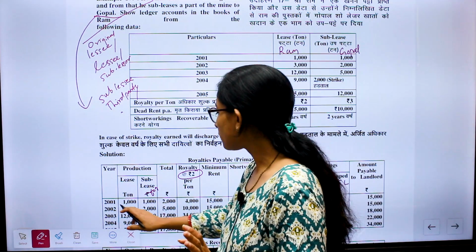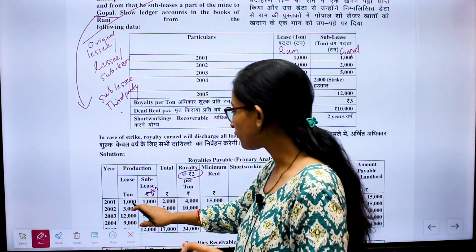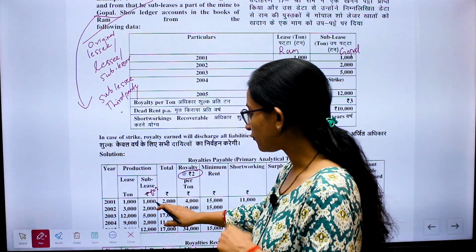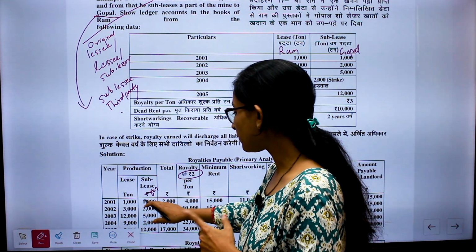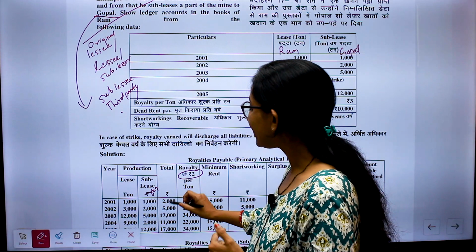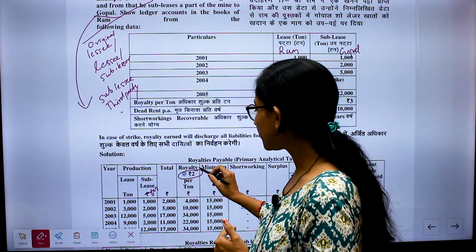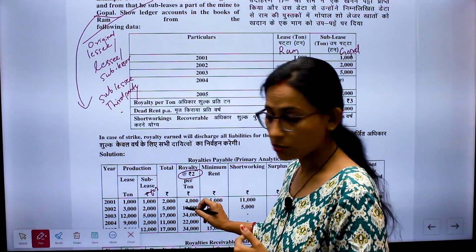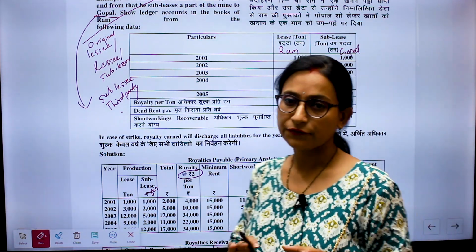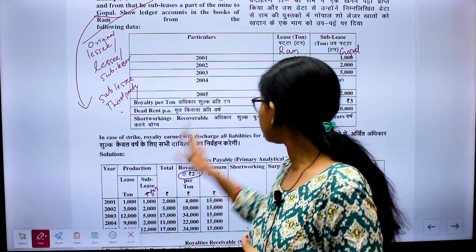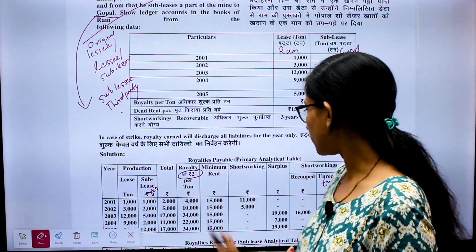So in 2001 we have written 1000 for Ram, 1000 for Gopal, then the total of 1000 plus 1000 is 2000. We'll multiply this 2000 by 2 rupees per ton, and we get rupees 4000. After that we will write the minimum rent of 15,000 which Ram has to pay to the landlord.